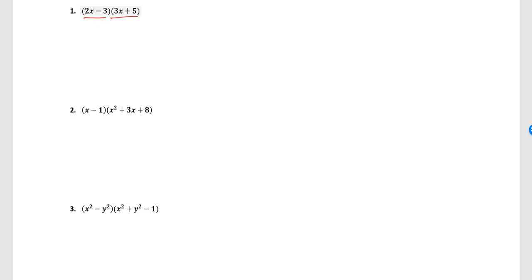So again, using the FOIL method, we have first terms, which is 2x times 3x.